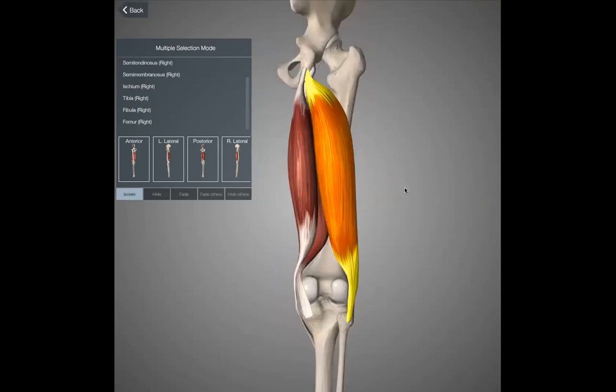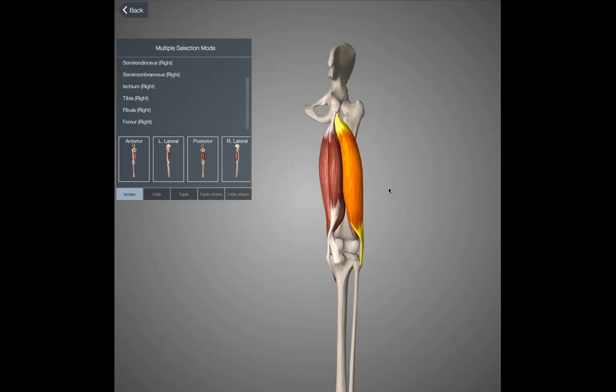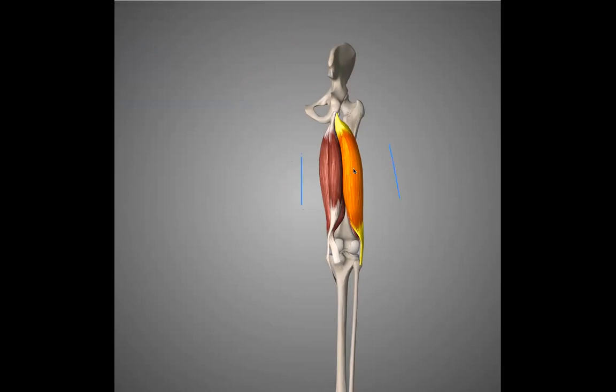It is found on the lateral part, because here you can see that this side is lateral and this side is medial. So biceps femoris is found laterally with its long head and short head.